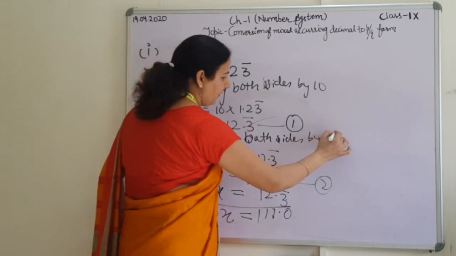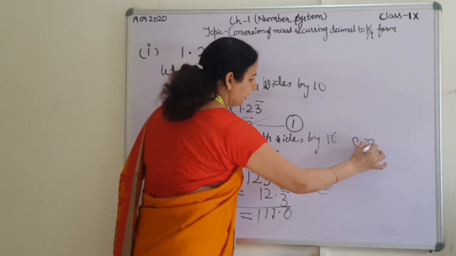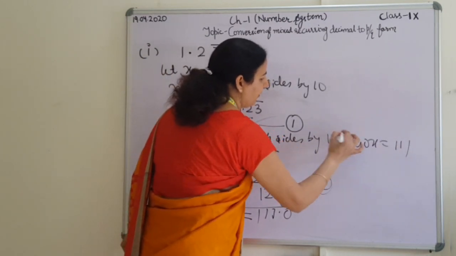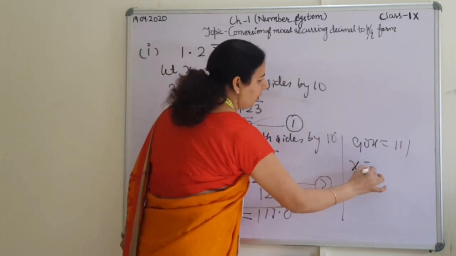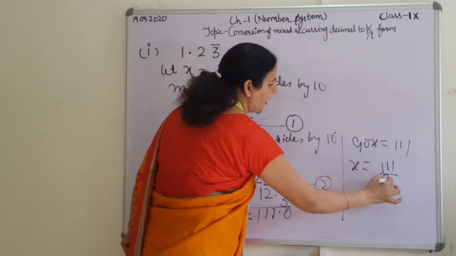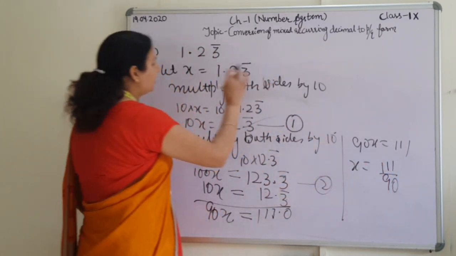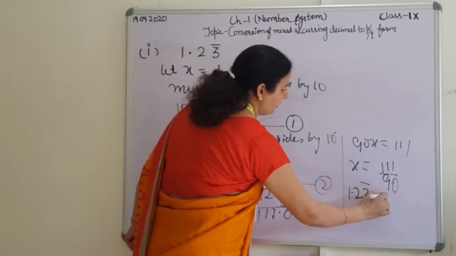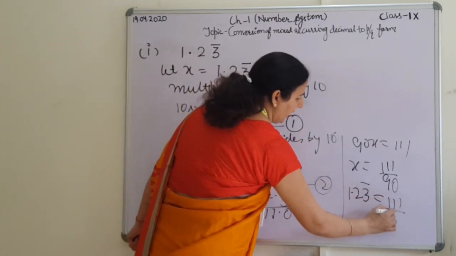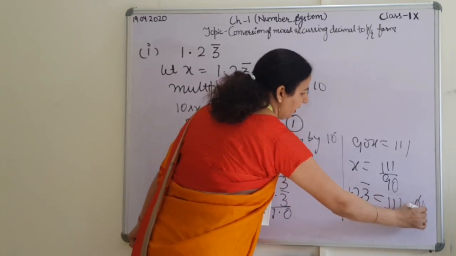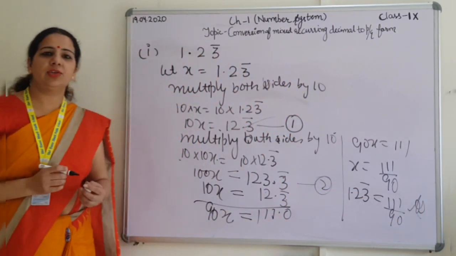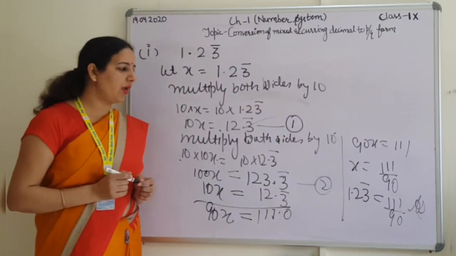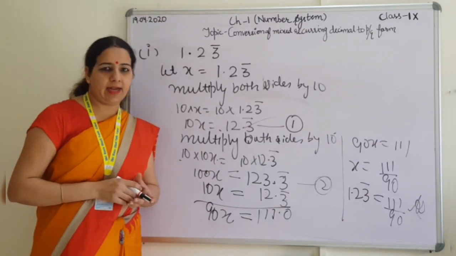So the value of 90x is 111. Now what is the value of x? 111 upon 90. x means the value that we took from the question; we just wrote it as let. So this will be our answer: 1.23 bar is equal to 111 upon 90.